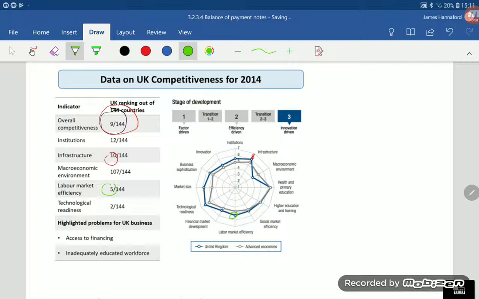In terms of technological readiness, we've got good infrastructure, although some people with slow internet speeds would probably contest that point. But the point being, overall, you can see that we are closer to the outside of the circle, the spider web, than most of the advanced economies in the world. So you could argue that our supply side policies are not as poor as first claimed.